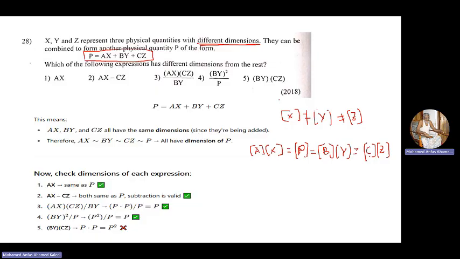Which of the following expressions has different dimensions from the rest?